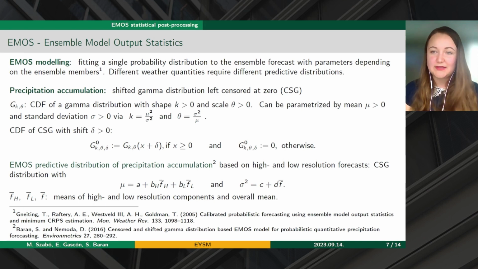So that is what we based our model on. The model itself is trained, and during the training process, it needs to calibrate the a, b, h, b, l, c and d parameters. So overall, those are the ones that we need to optimize for.